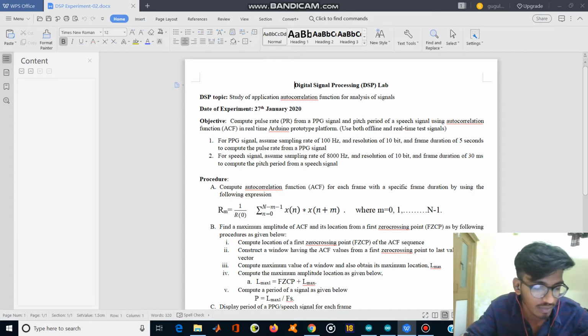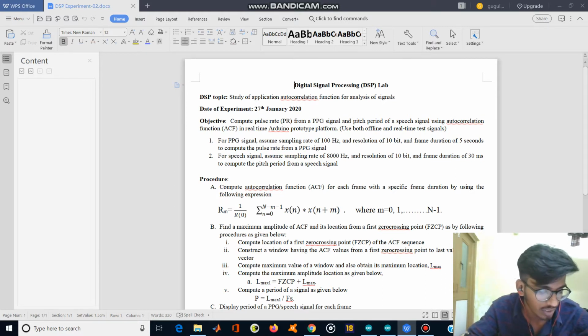What is the difference between correlation and autocorrelation? Autocorrelation function of a signal is defined with respect to the signal itself, whereas the correlation function is a correlation of two independent signals with a time shift between the two independent signals. And why do we have to find autocorrelation?